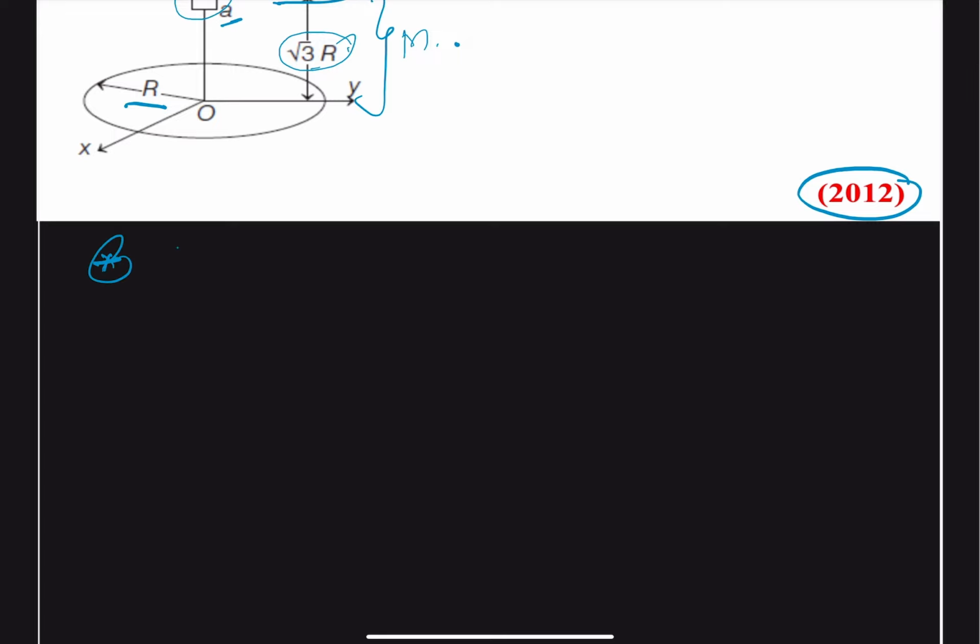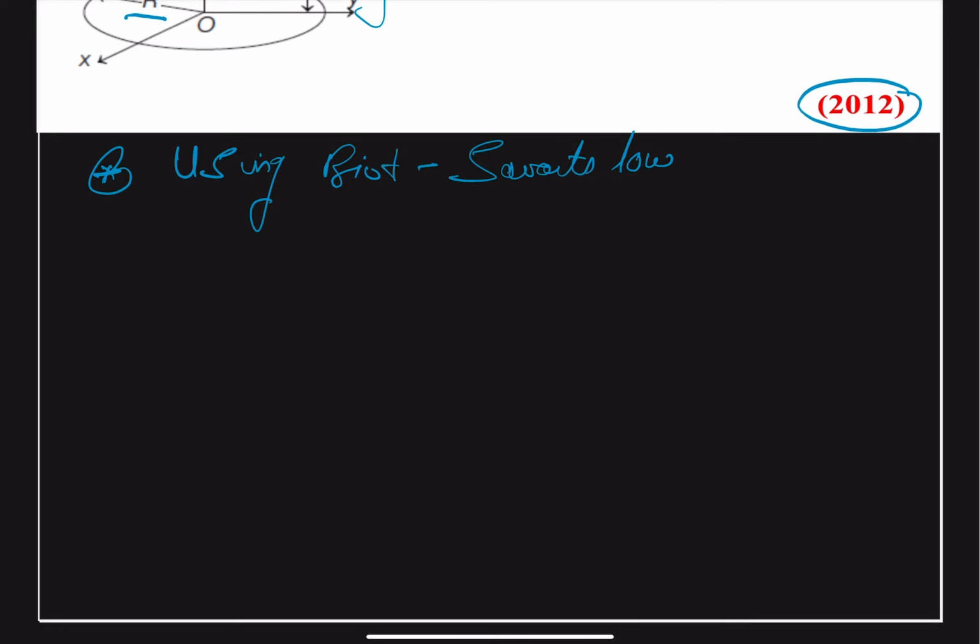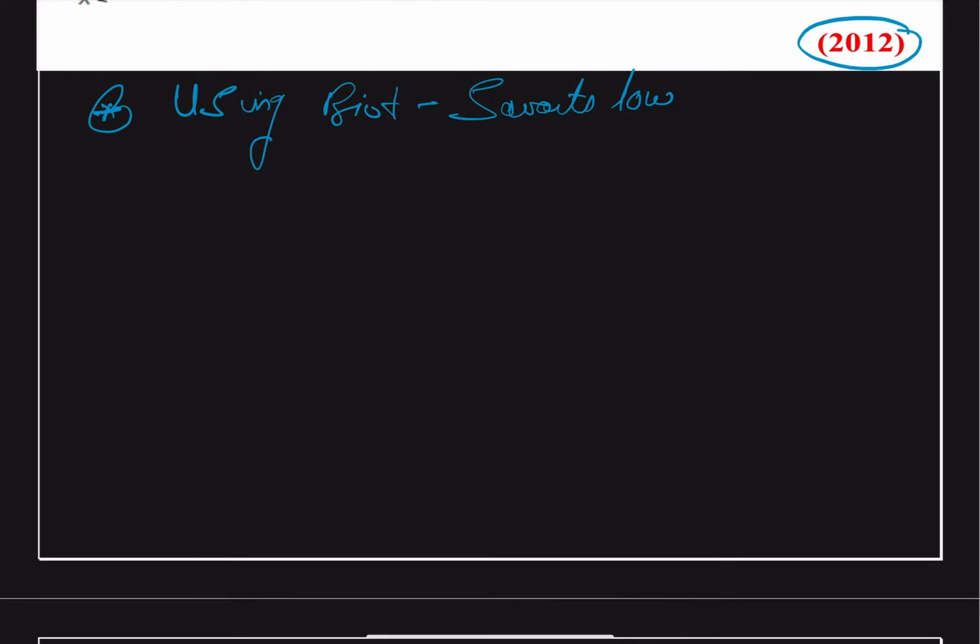So using Biot-Savart's law, the magnetic field B will be equal to mu naught I r square divided by 2 times r square plus z square, whole raised to power 3 by 2.